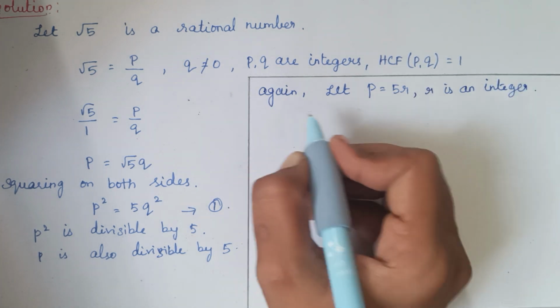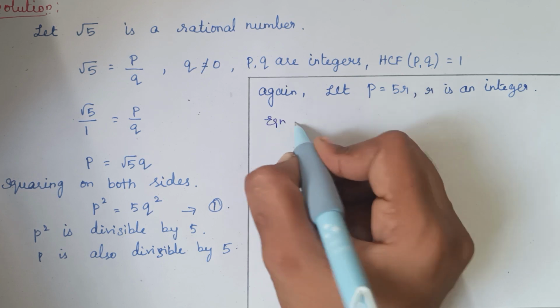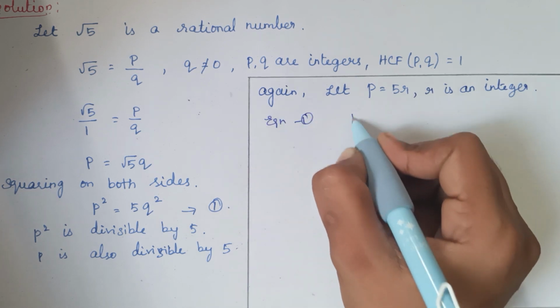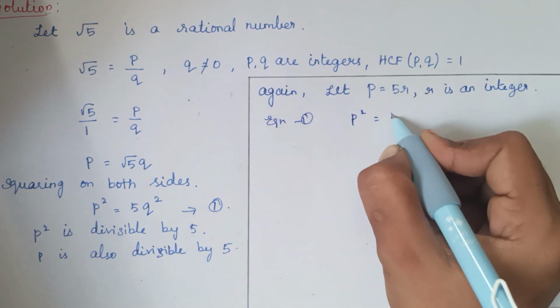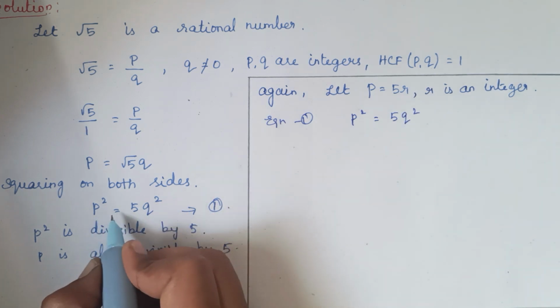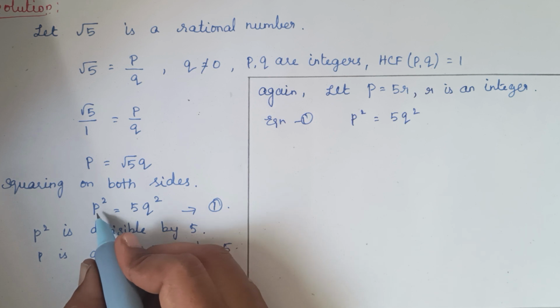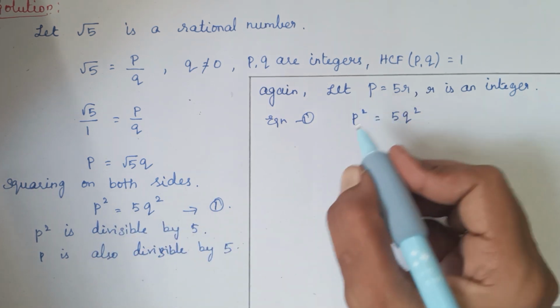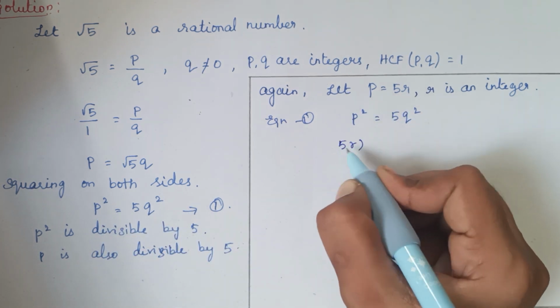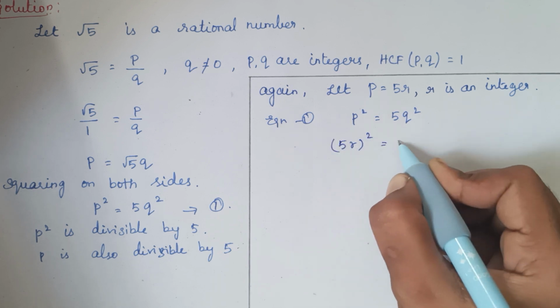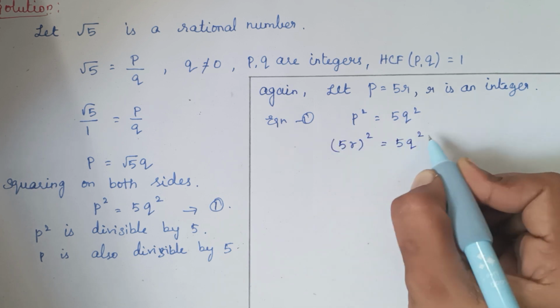So from equation 1, what is equation 1? p square is equal to 5q square. Here instead of p square we are going to put 5r, so 5r the whole square is equal to 5q square.